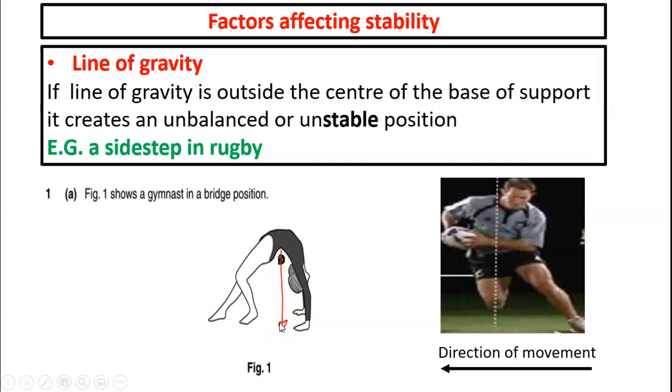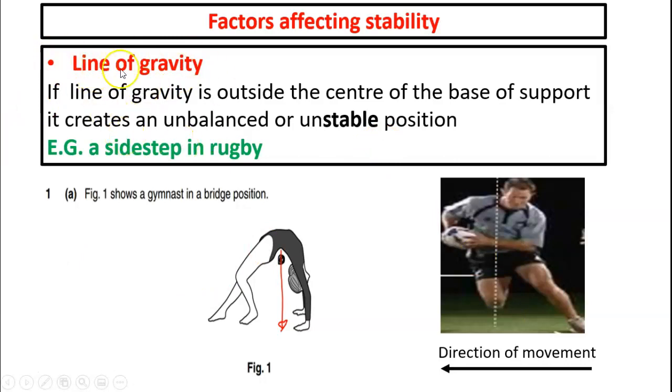Now over here is the line of gravity on a side step that's going that way, coming outside the centre of the base of support. This lowers stability, which means the rugby player can change direction. They can use agility and change direction quickly whilst under control, and move off and try to fool the defender or whatever they're trying to do. Okay, so that is our section on that.